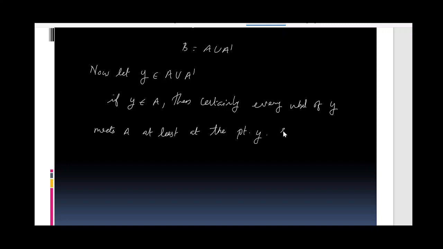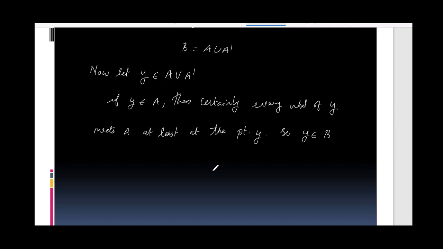So this y belongs to B. If y belongs to A, then every neighborhood of y meets A also. So therefore we get that y belongs to B.